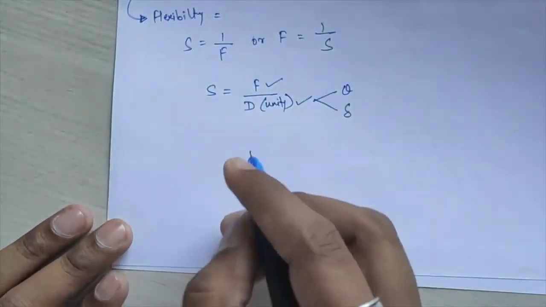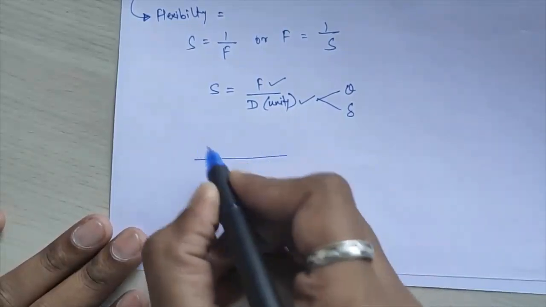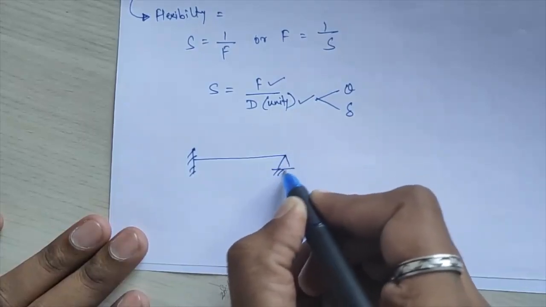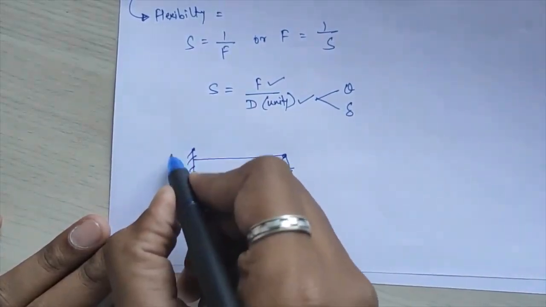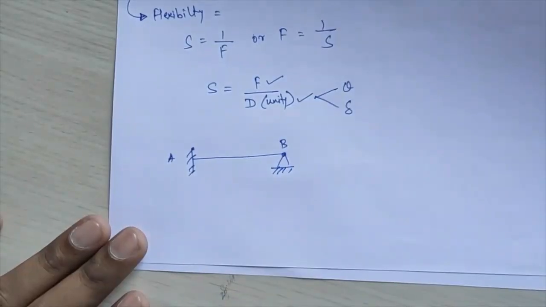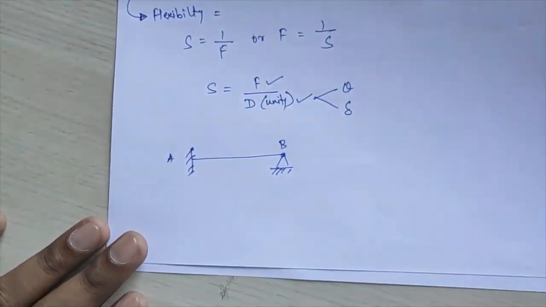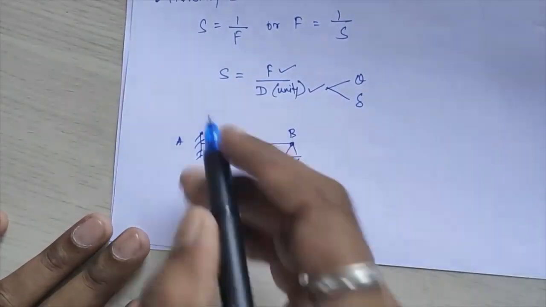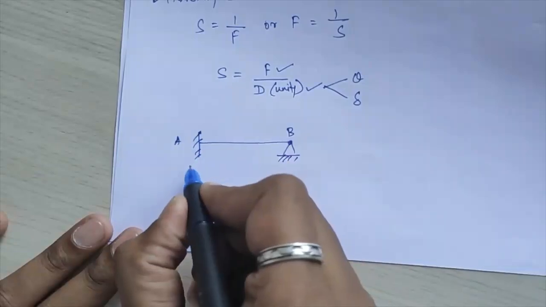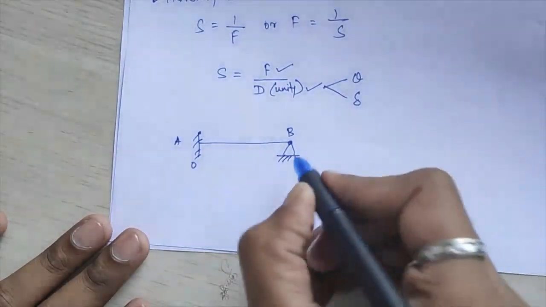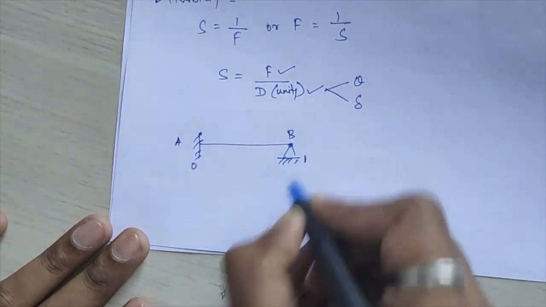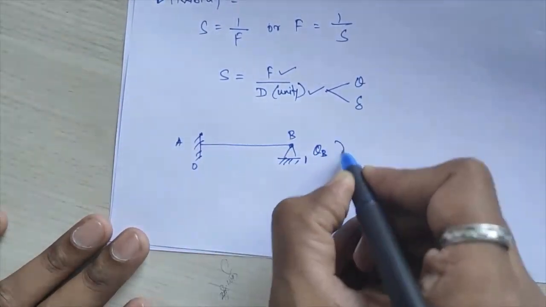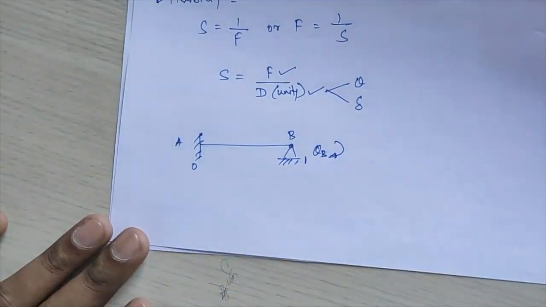I'll explain this with an example. Suppose I have one structure, say AB, and I have to calculate the displacement produced. If you calculate the DKI value for this, the DKI for the fixed support will be 0 and for this hinge or simple support it will be equal to 1, and that will be theta B. Suppose I assume that it is in a clockwise direction.